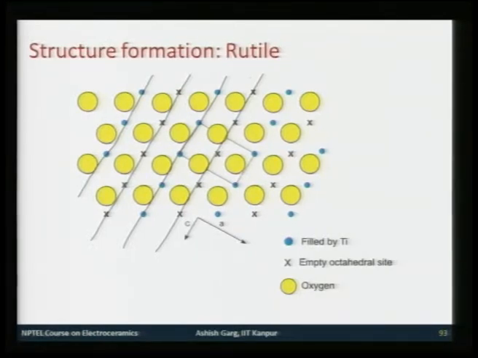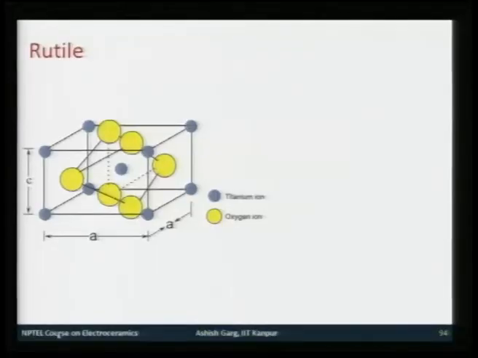Now, if you look at the unit cell from the top, the unit cell has its corners on titanium atoms. So, this is the basal plane, for example, of a tetragonal structure, and this would be your A axis and this would be your C axis as denoted below. And if you look at the whole structure now, when you put the next layer on top of both oxygen and titanium, you see something like this.